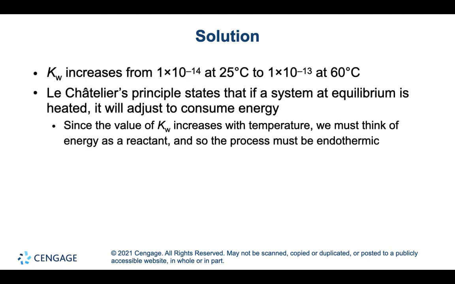So we're actually looking at this as the K increases with temperature, meaning the equilibrium shifts to the right when you raise the temperature. So we have to look at this as an example of energy as a reactant. So the process is endothermic. So I can tell by how the K changes at different temperatures whether the process is endothermic or exothermic.